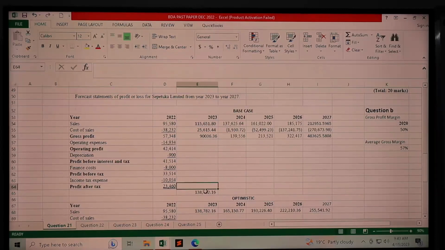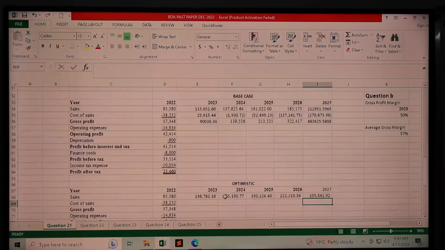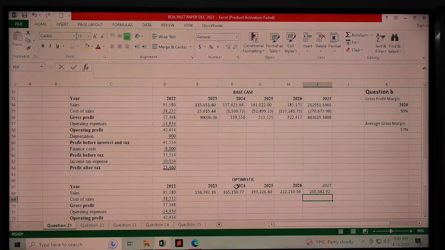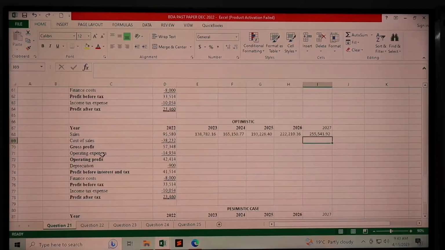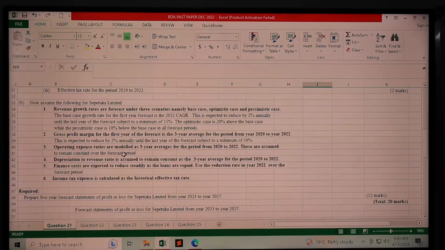And you can use the same formulas to compute that. And it should be the same throughout, because we are not told that it is reducing. This one is actually constant throughout, and you get all the three values. That is for optimistic.